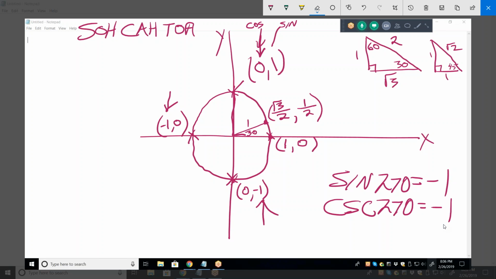So if I want the sine of -270, I'm going to start here and go clockwise for 270 degrees, which takes me to the same as the sine of 90, right?